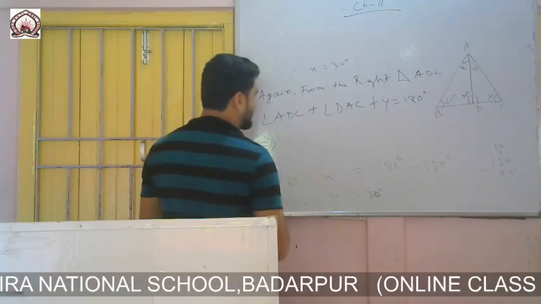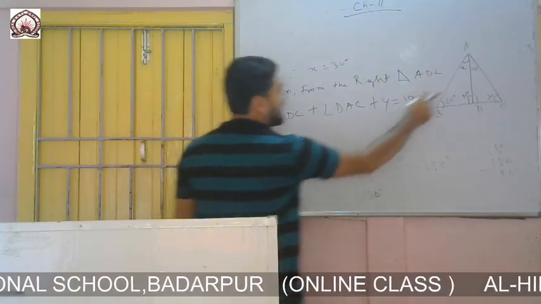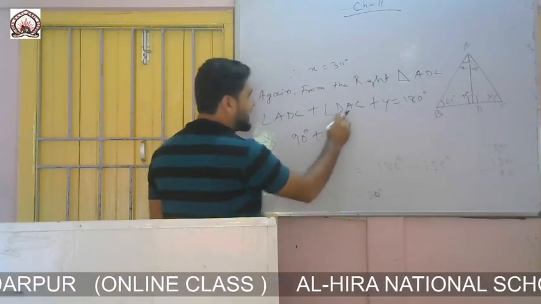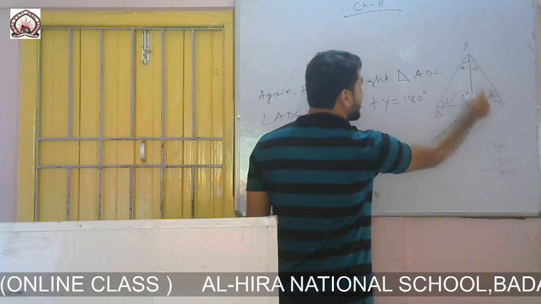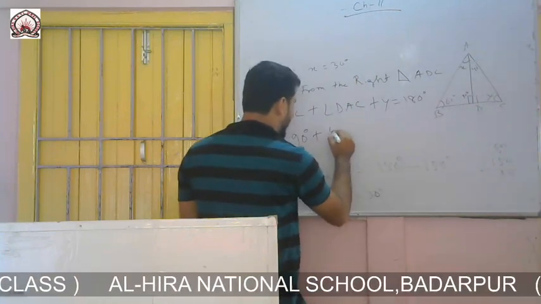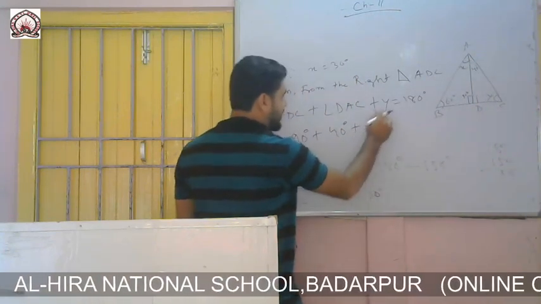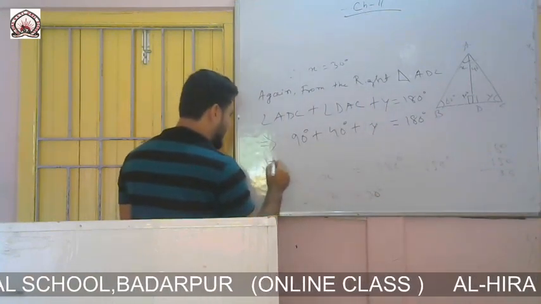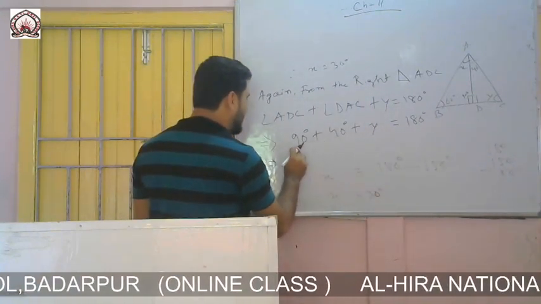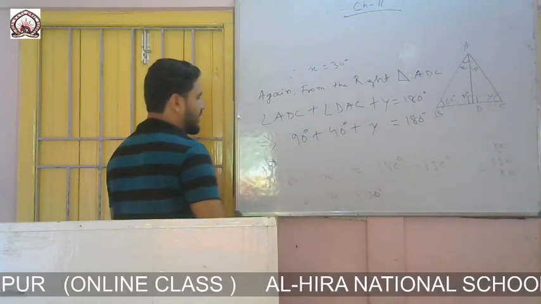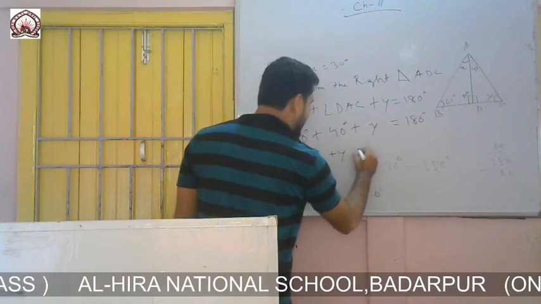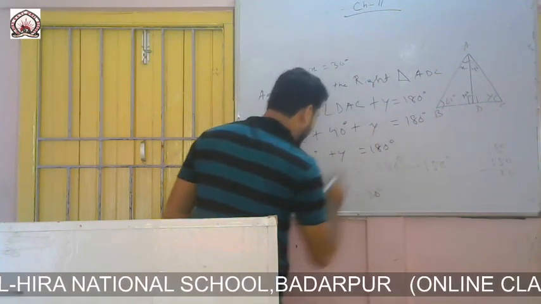You see, ADC is given 90 degree, and DAC is given 40 degree, plus in place of Y, you have to find Y, so you will write Y. Now if I add 90 plus 40, that means 130 degree, plus Y equals 180 degree.